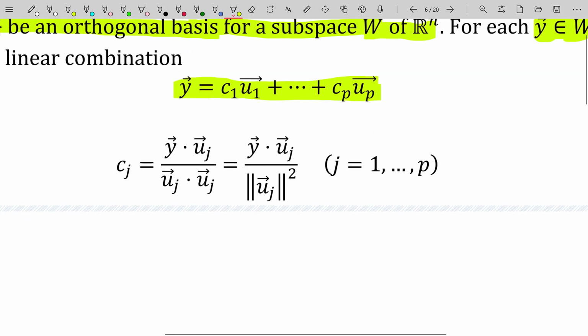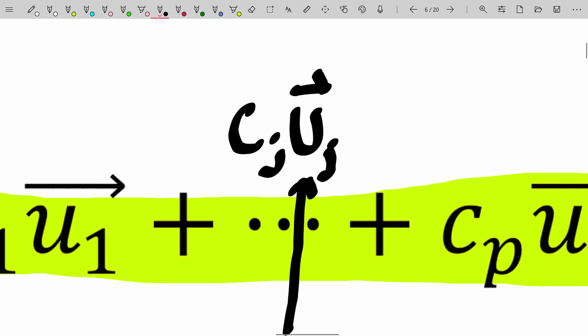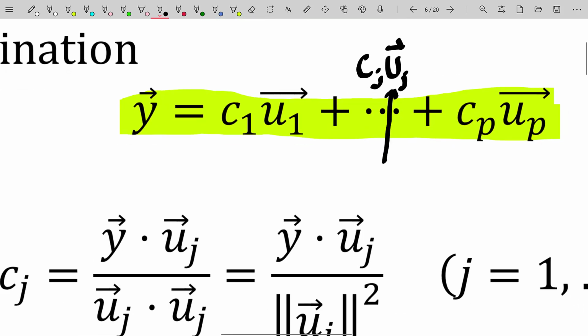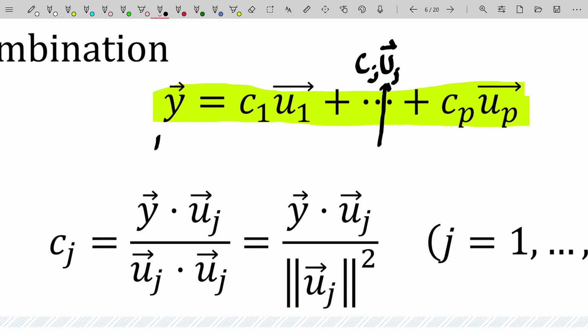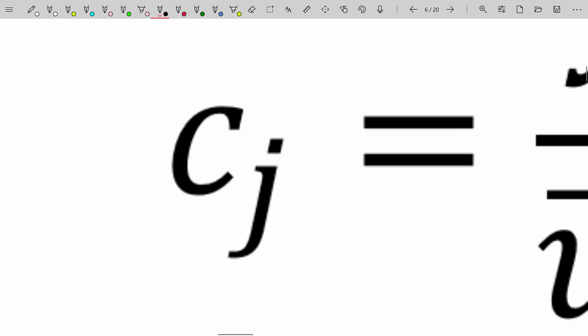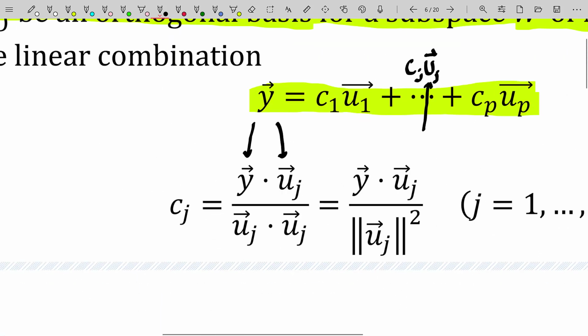So the coefficient of the jth orthogonal basis vector, which is c sub j, can be found by taking the vector that you want to write in terms of the orthogonal basis vectors, dotting it with the orthogonal basis vector u sub j, dividing that by u sub j dotted with itself, which is, by the way, the norm of u sub j squared. And I promise you, that will be the jth coefficient of that expansion or linear combination.